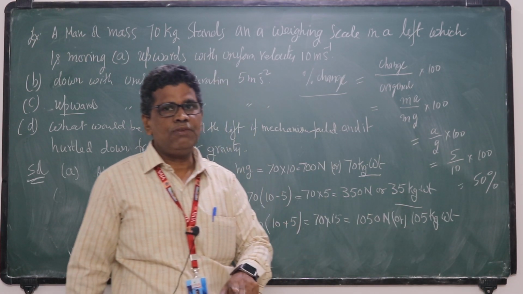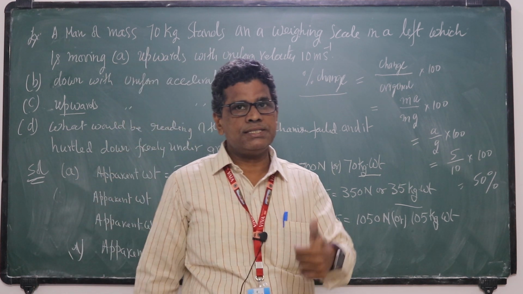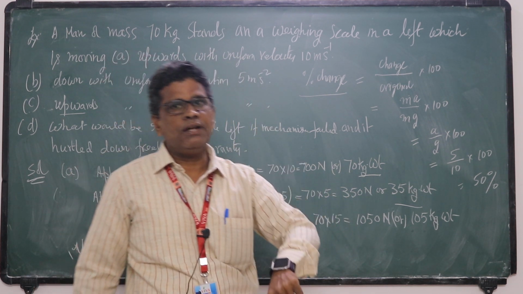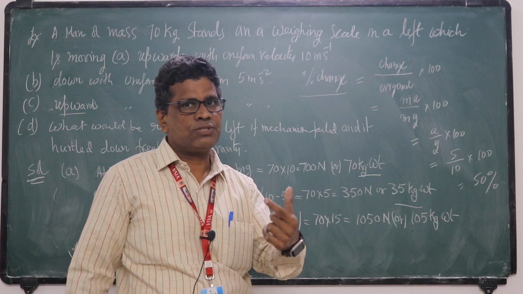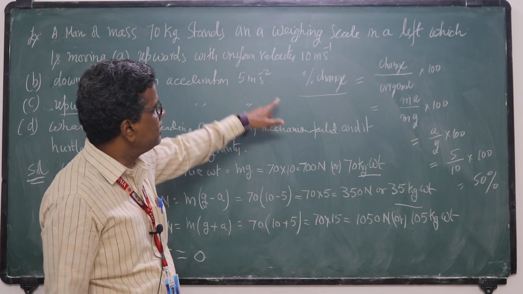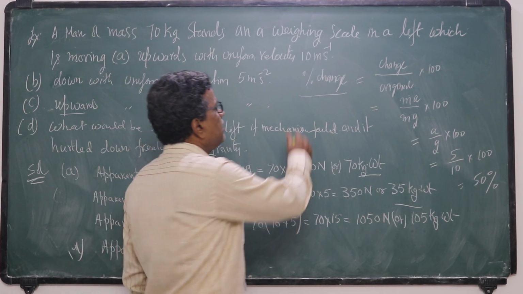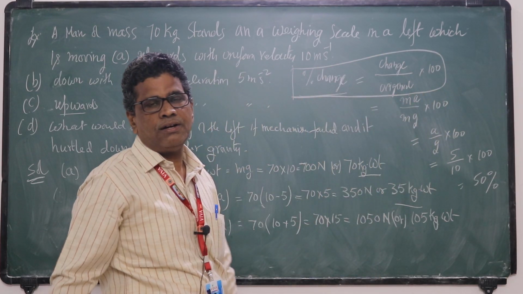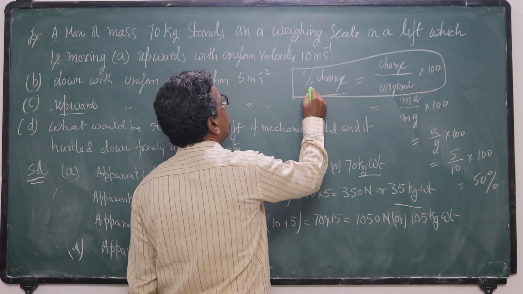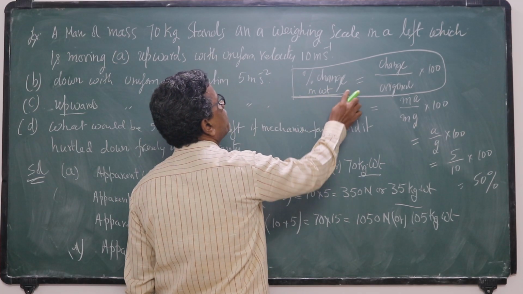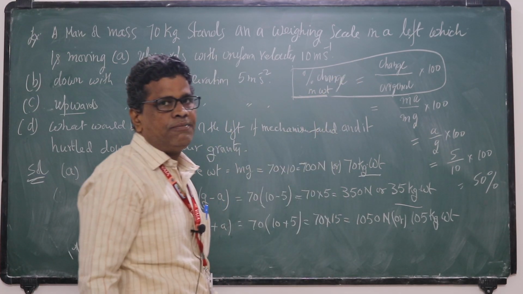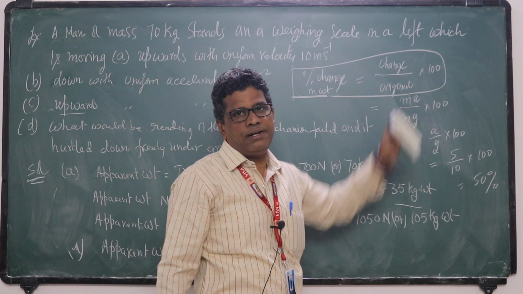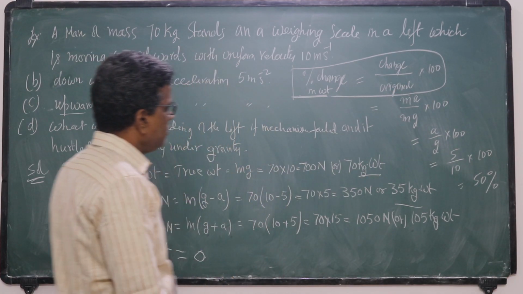So it appears to be 50% more when it is rising up. When it is moving down, it appears to decrease by 50%. The percentage change in the weight can be calculated by using this formula: percentage change in weight equals change in weight by original weight into 100. That is the formula.